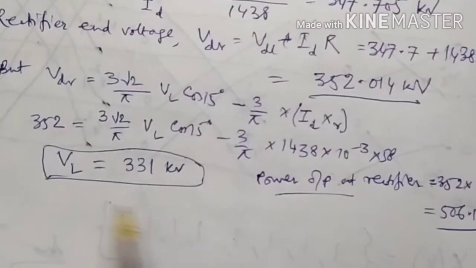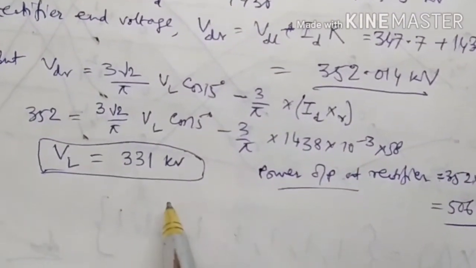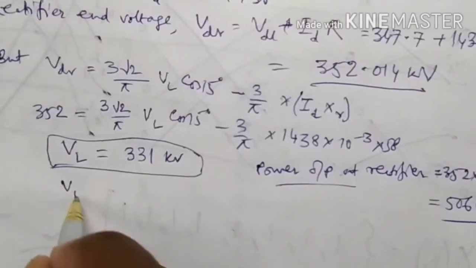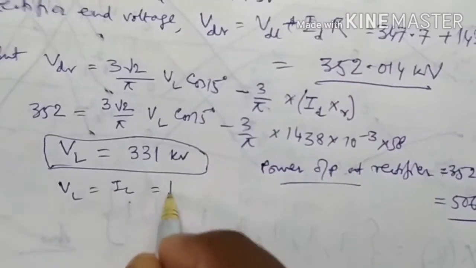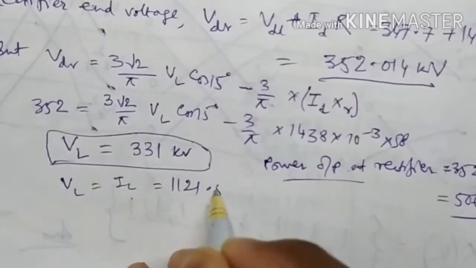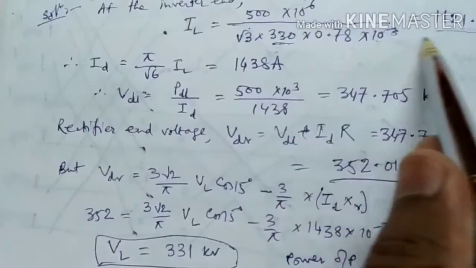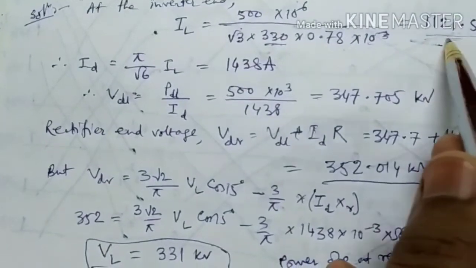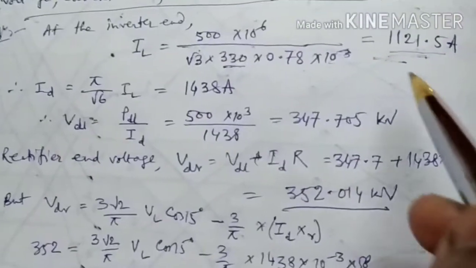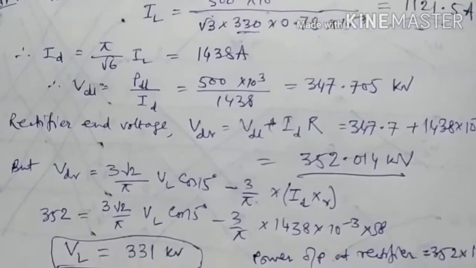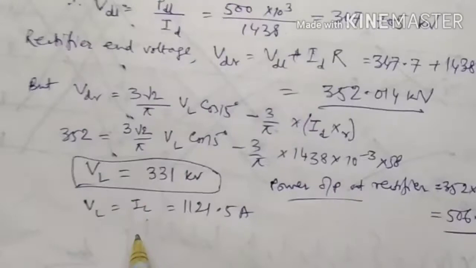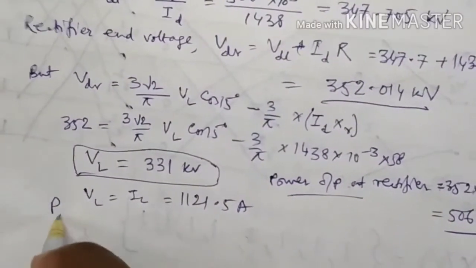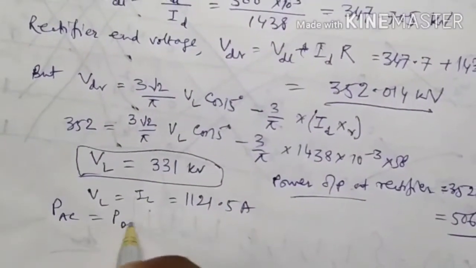Since the voltage VL and IL are almost the same, IL is 1121.5 ampere, as in the earlier calculation. So PAC will be equal to PDC.